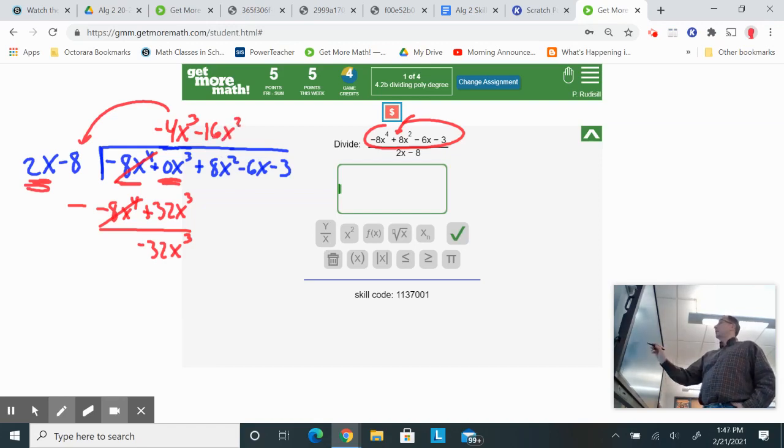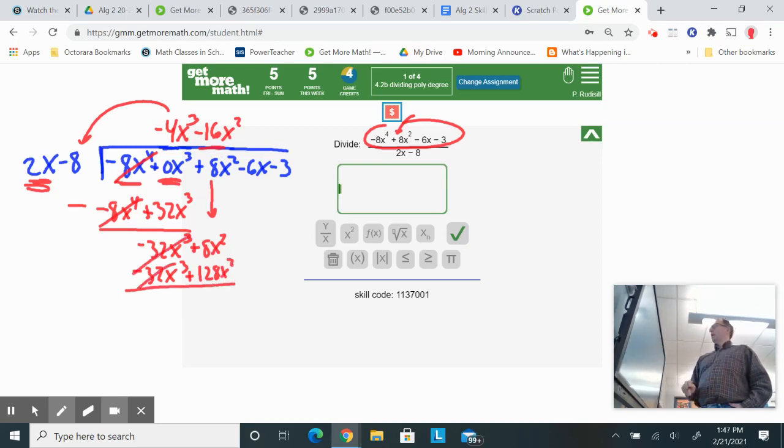Negative 16 times 2 is negative 32. Oh, and I forgot to bring down the x plus the 8x squared. And I have negative 16x squared times negative 8 is a positive 128x squared. Just got to be careful of those.